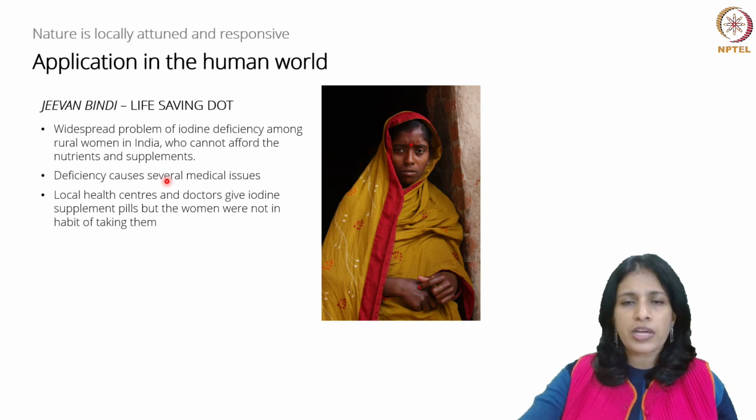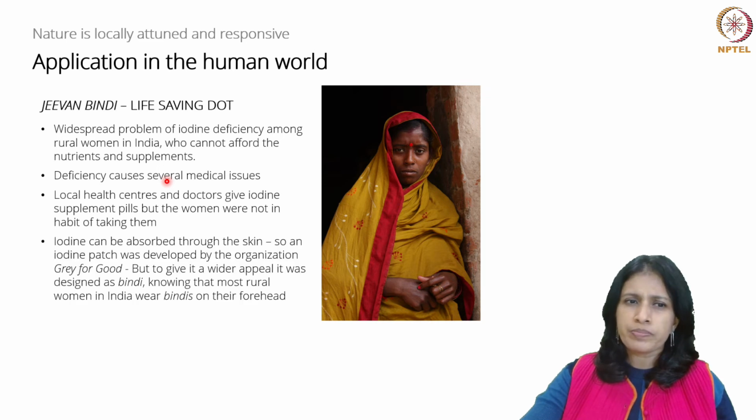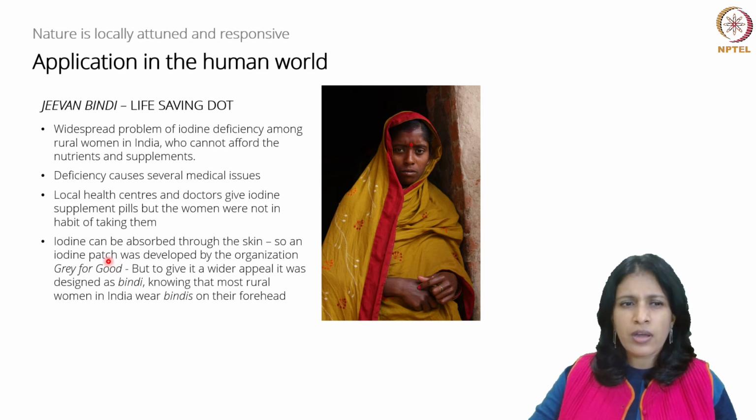So there was this agency, this organization that looked at this problem. They also found out that iodine can be absorbed through the skin. Therefore, they created the iodine patch. But instead of a patch that can just be placed anywhere on the skin, they created it in the form of this bindi. It's an iodine patch which is also a bindi, and they distributed it to rural women in many parts of India.